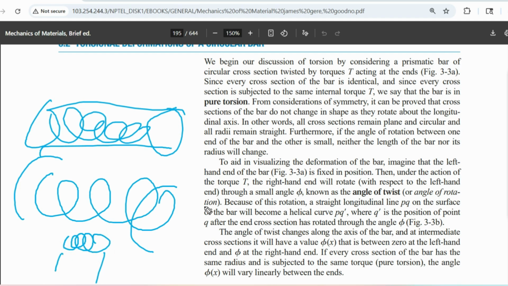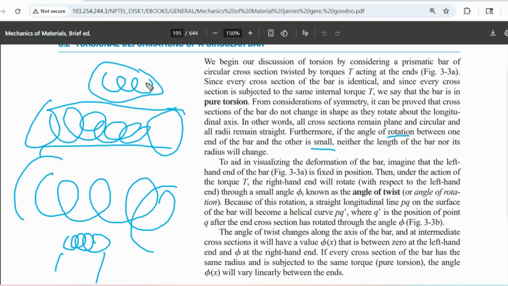So this isn't obvious, but it says if the rotations are small, the length doesn't change, and the radius. Because what happens with a spring? You have a normal spring like this, and then you do this to it... wow, this is not intuitive for me.